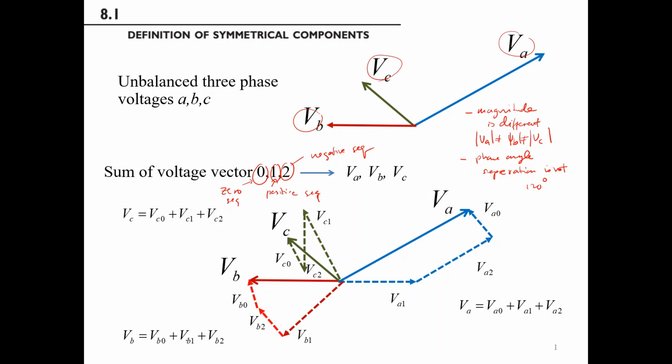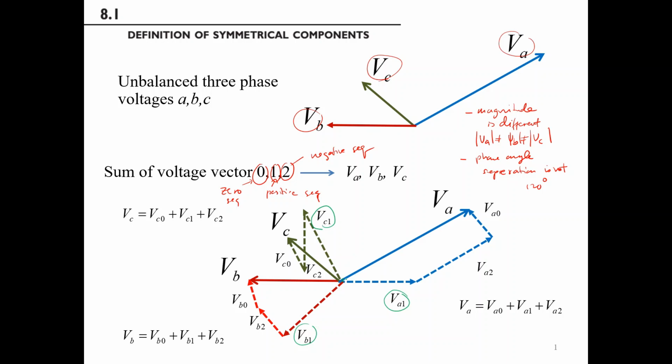Now I will try to highlight this to make it clear in just one slide. Take for example V1: VA1, VB1, and VC1. What are the properties when we compare just the positive sequence?